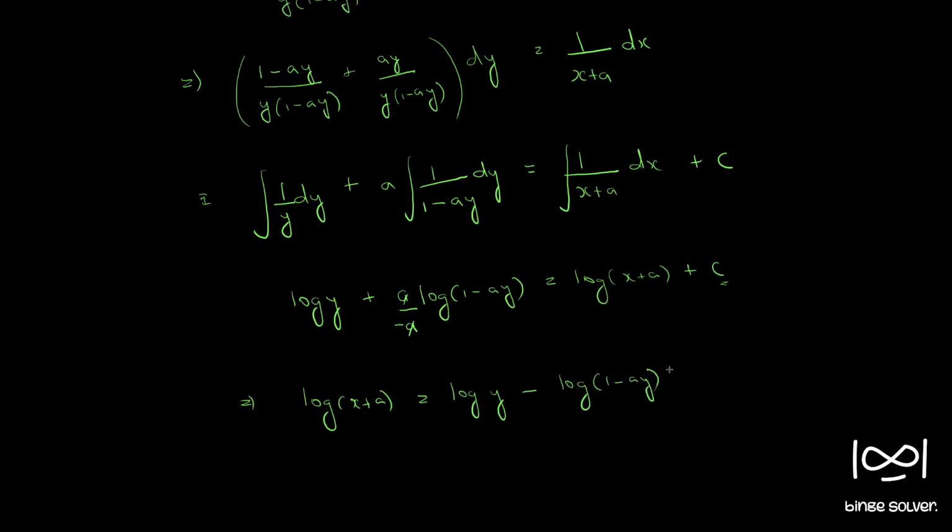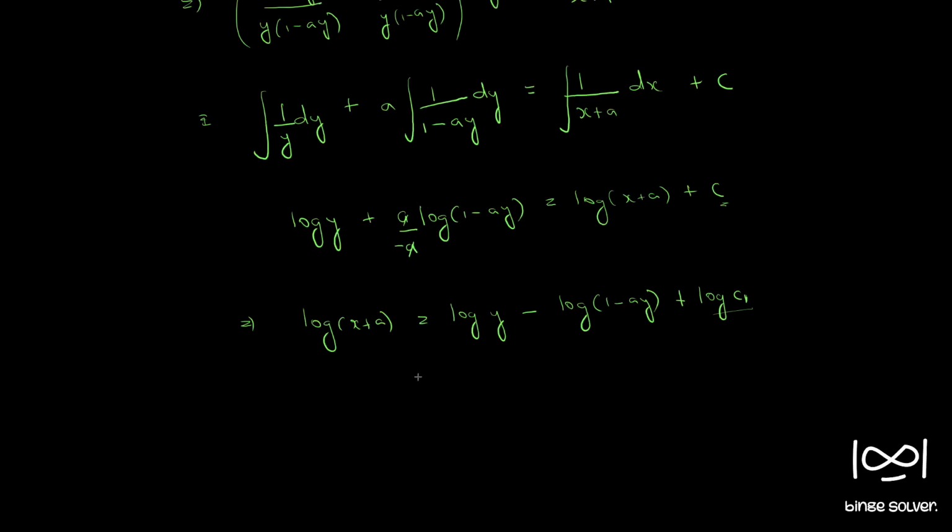Now here we take c to the other side, minus c. Instead of minus c, I am going to write here log c1. It is still a constant, let's call it c1. So it's a different constant, so it doesn't matter.